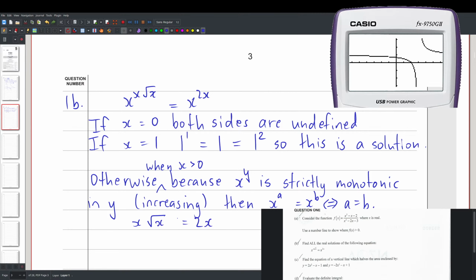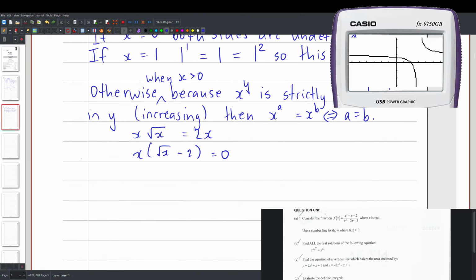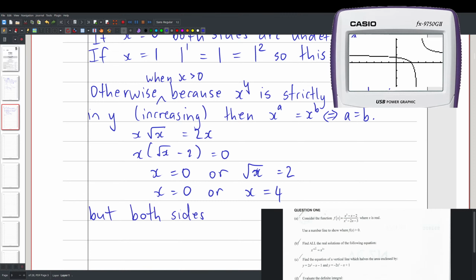So you go x root x minus 2 equals 0, and x equals 0 or root x equals 2. So x equals 0 or x equals 4, but both sides are undefined at x equals 0, hence x equals 4.